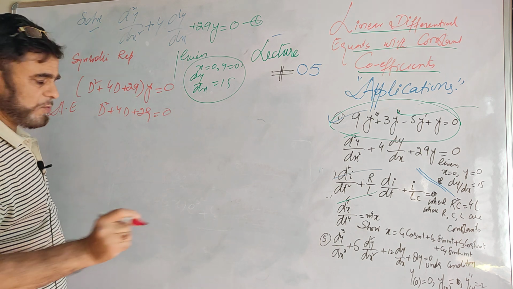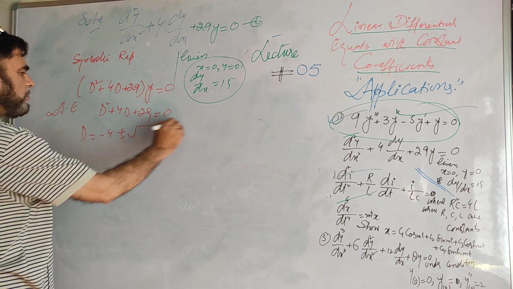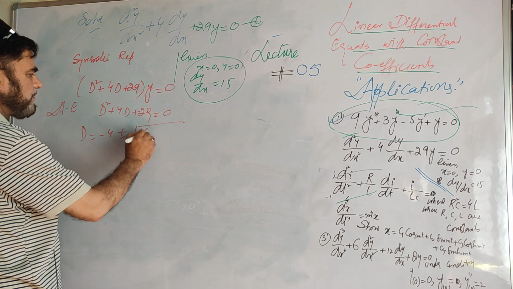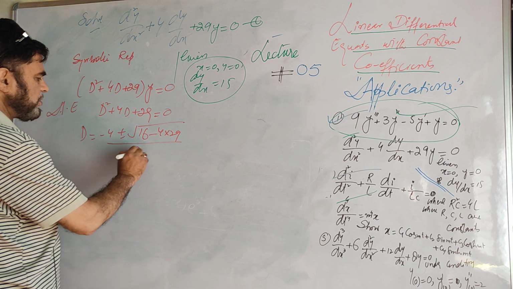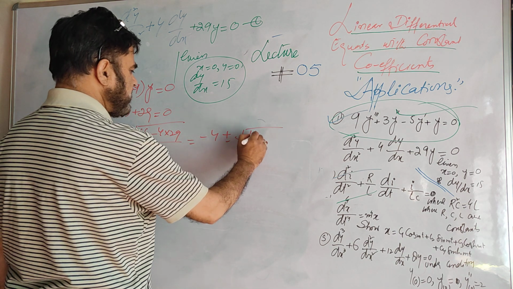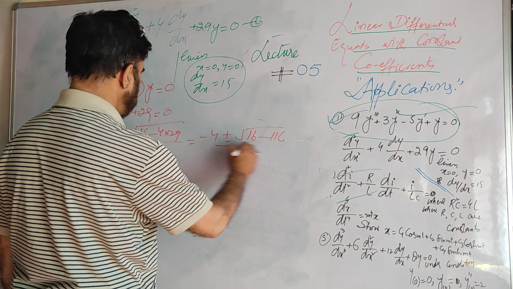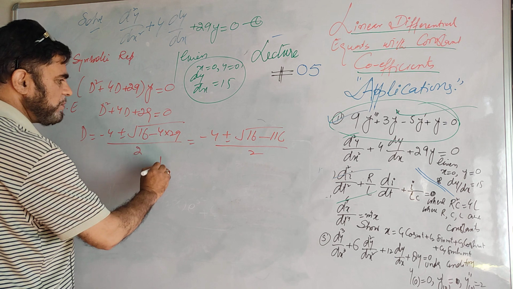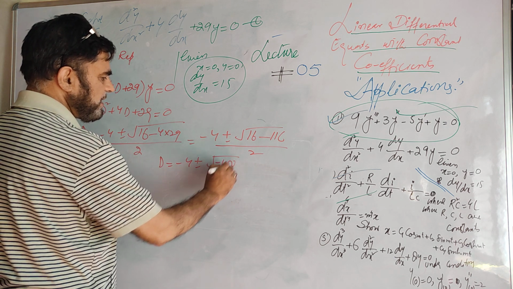Solve this for d, you will get two values of d. So d is given by minus 4 plus minus under root of 16 minus 4 into 29, by 2a, that is 2. It is equal to minus 4 plus minus under root of 16 minus 116, by 2. This gives you d is minus 4 plus minus under root of minus 100, by 2.